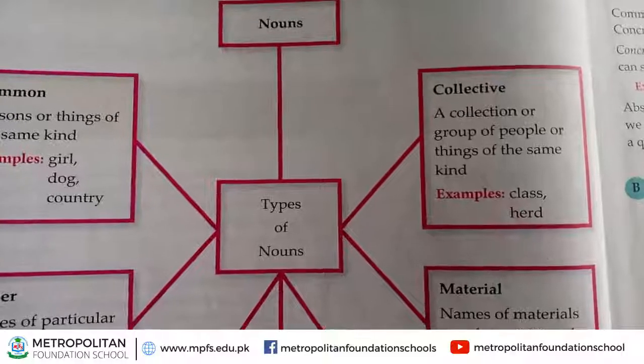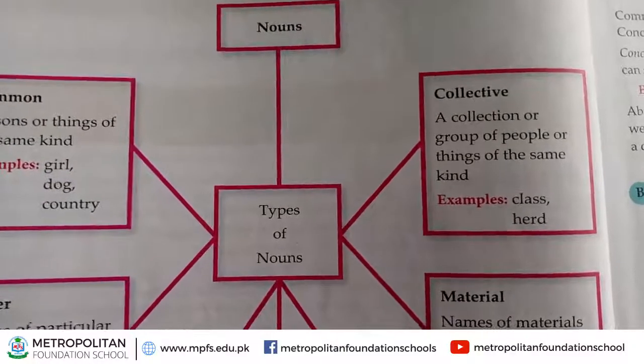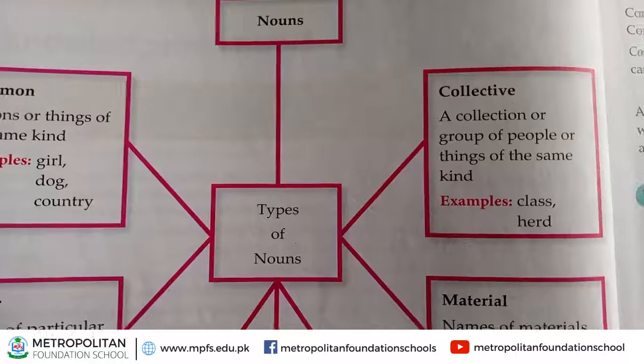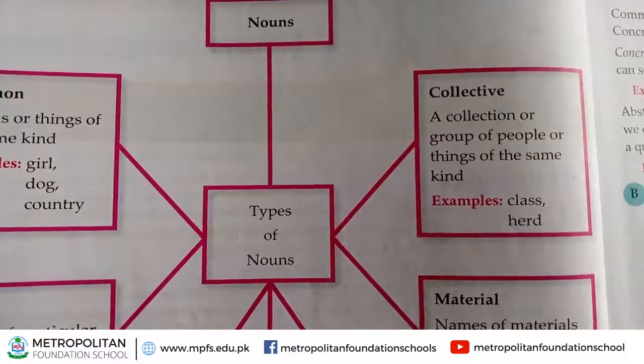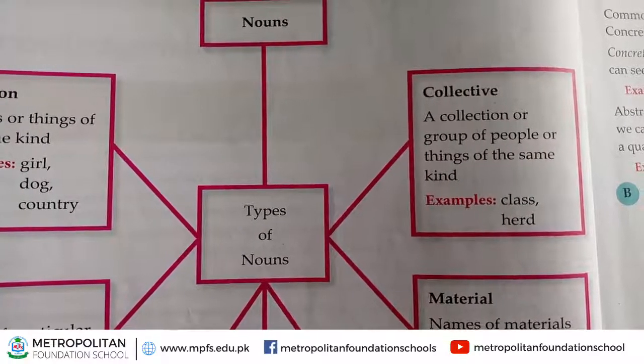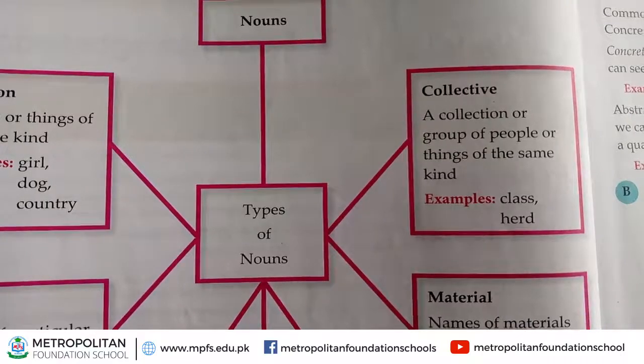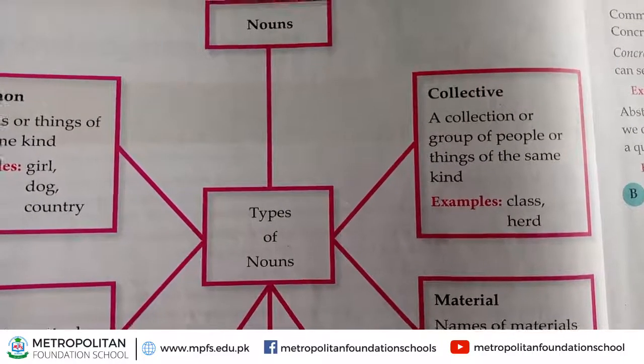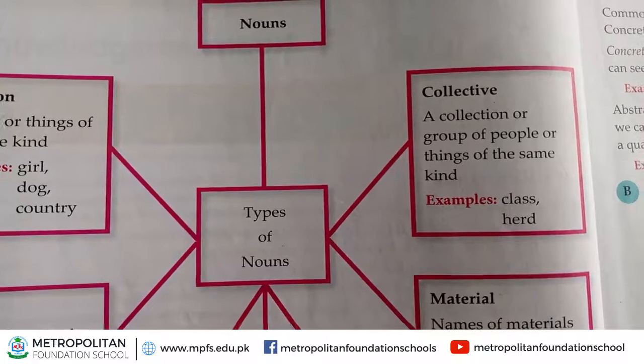So next is the collective noun. A collection or group of people or things of the same kind is called a collective noun.